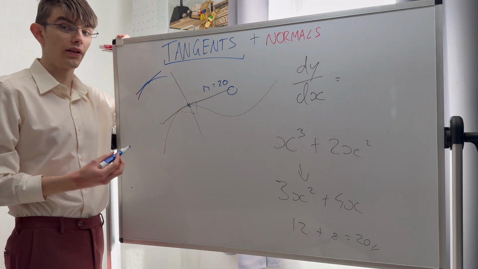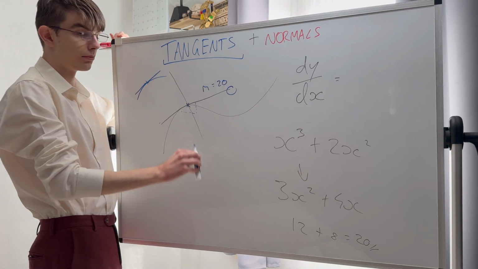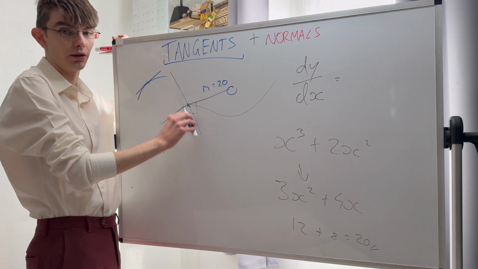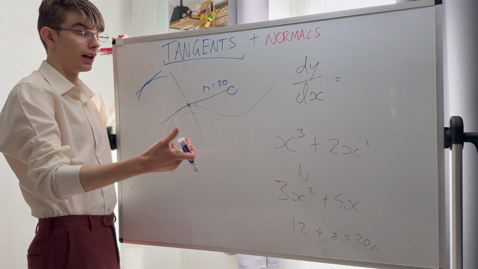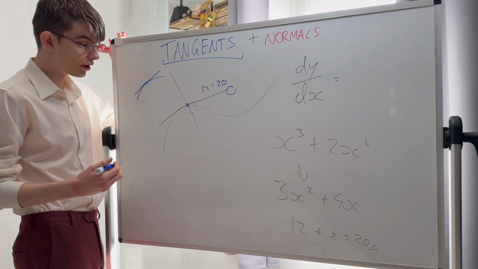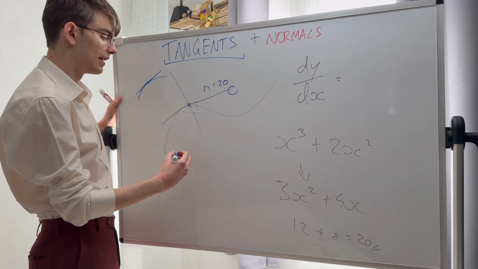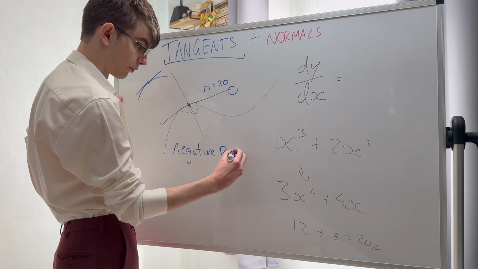A normal, on the other hand, is a line that runs perpendicular to my graph, or perpendicular to a tangent, at a certain point. And hopefully we know that the gradient of a perpendicular line is the negative reciprocal.